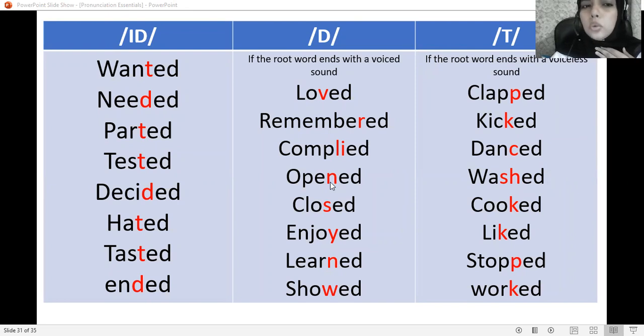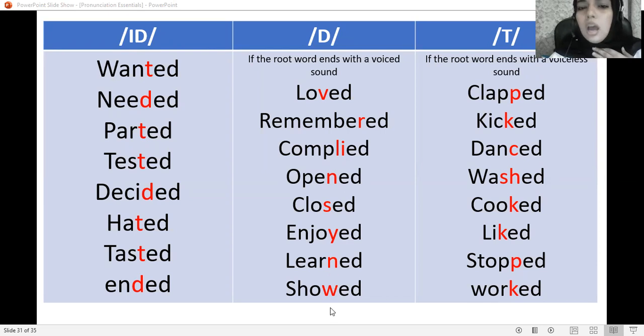Open, n, so for the n sound, the tip of the tongue is at the first part of the top of your mouth, behind your teeth, and vocal cords are moving. Close, z, z. Nice, so it's vibrating as well. Again, comply and enjoy, the y sound is voiced.